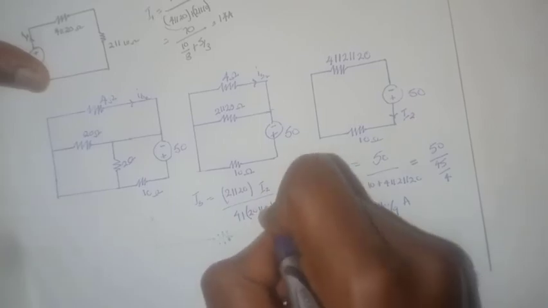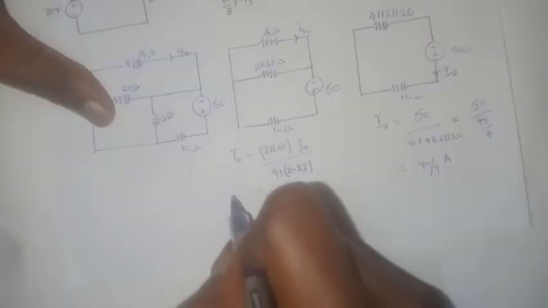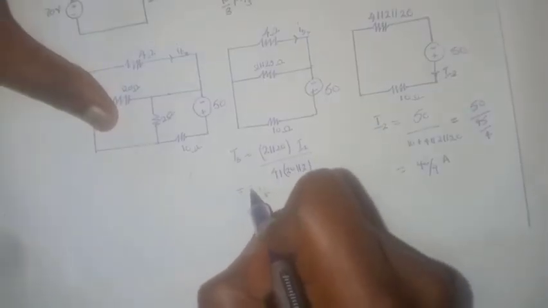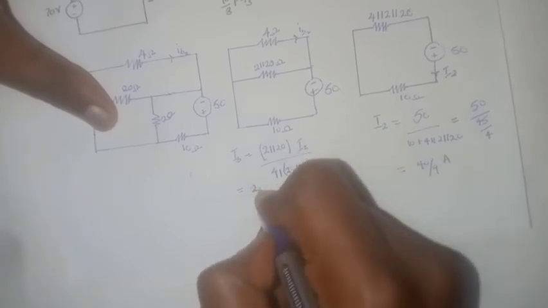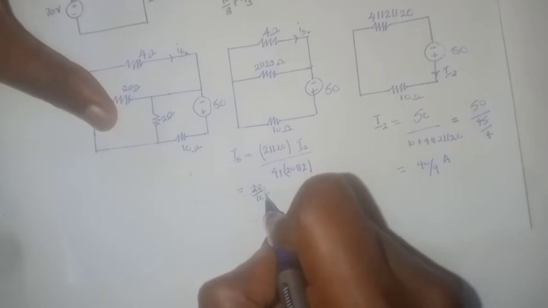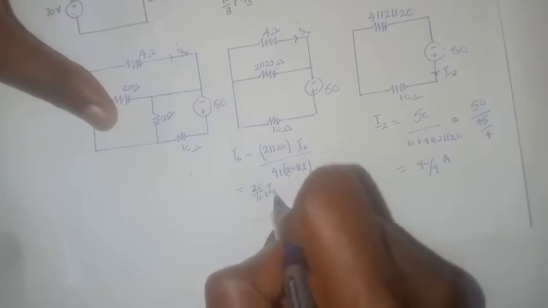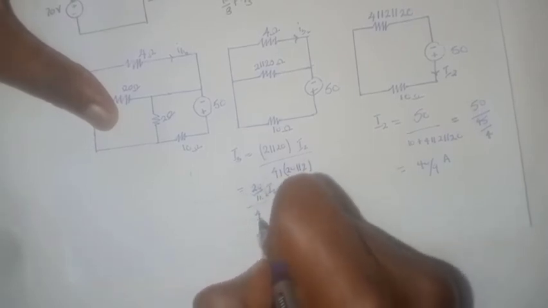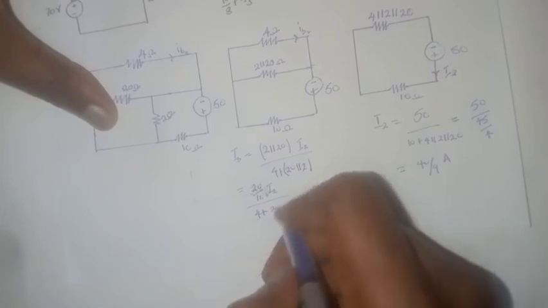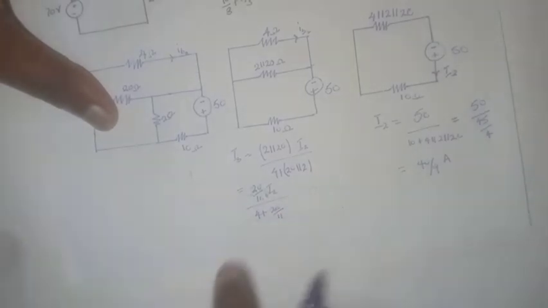That is the current divider, and as such this would be 20 over 11 times I2 over 4 plus 20 over 11.